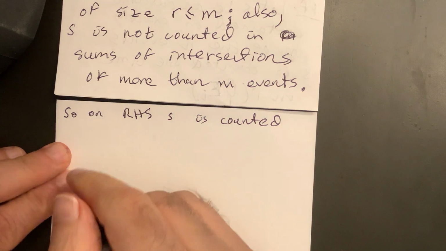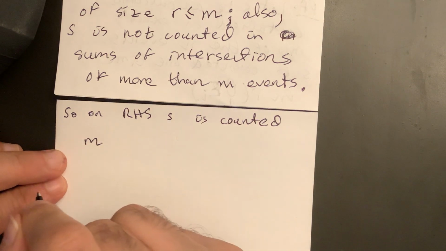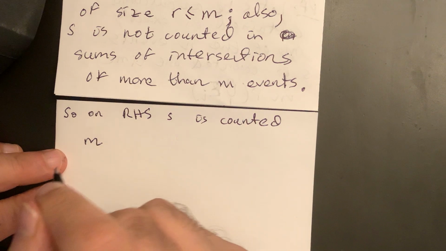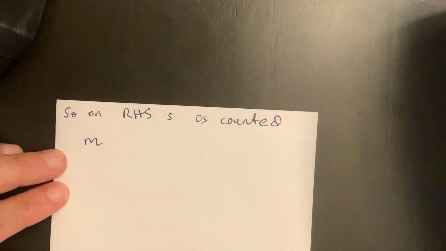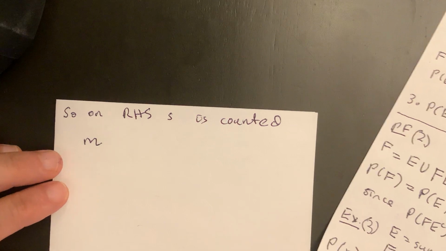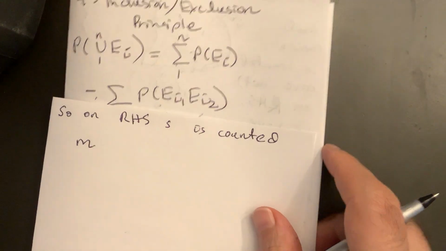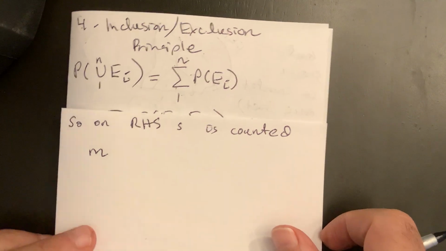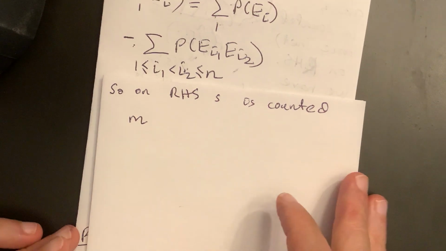Okay, let's see, M times for the first term. Look, I can show you here. It's counted M times there. Now, if I go down to this term, it's M choose 2, right? But that's minus.